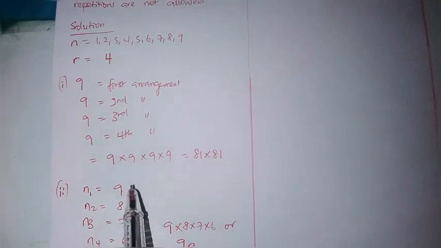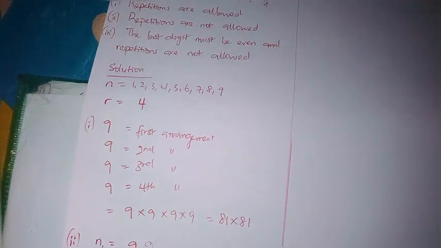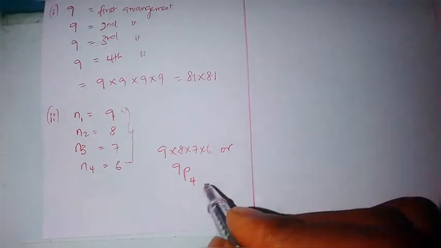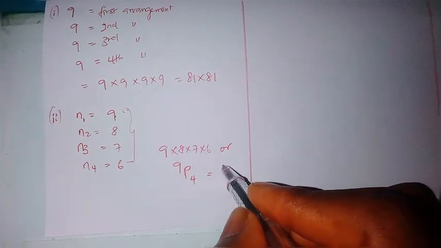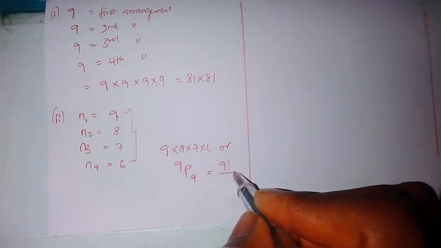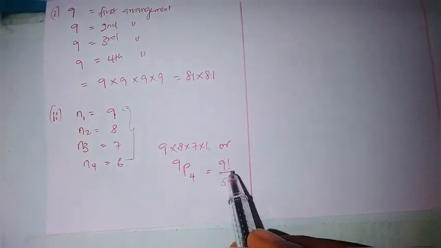9 is the total, and we have 4 arrangements. It is without repetition. And this now becomes 9 factorial over 9 minus 4, which is 5 factorial. And that is still 9 times 8 times 7 times 6.